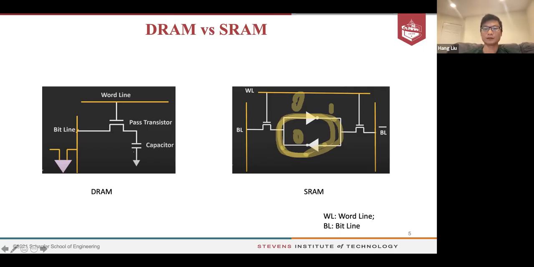When it comes to reading the data, it's the same. Let me change the color here. There's one passing transistor, and another one also has a passing transistor. So we read two values. We have two sides of readings.